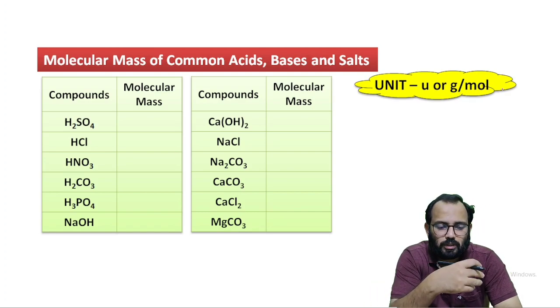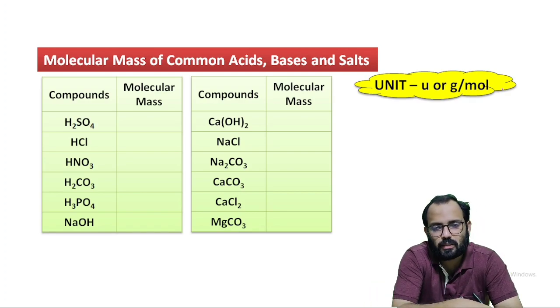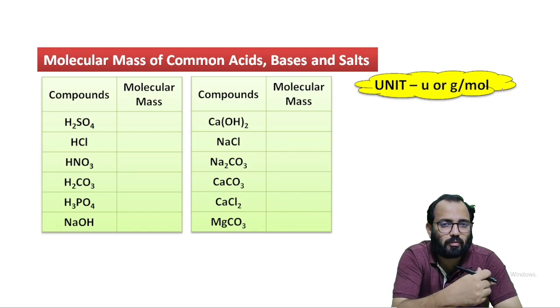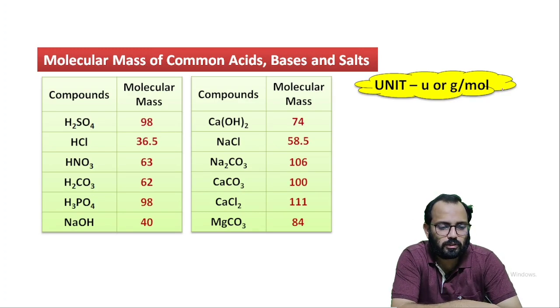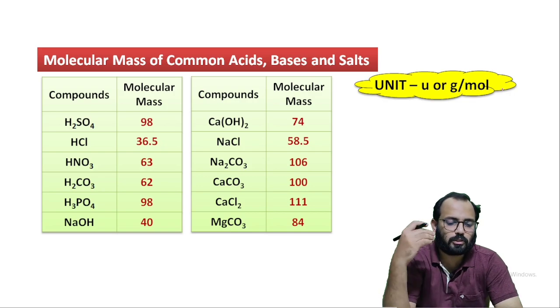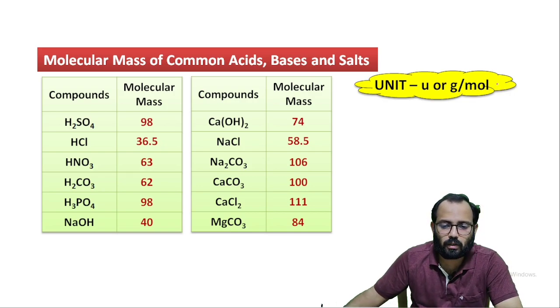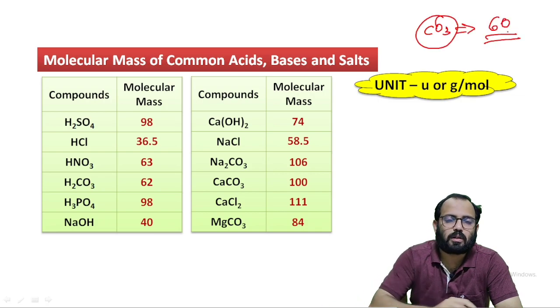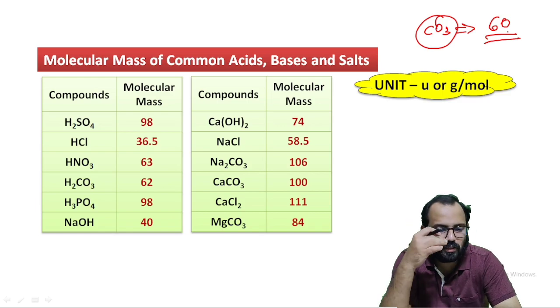Some of the major compounds are listed here, and if you learn the molecular masses of these compounds by heart, your time will be saved. So H2SO4, HCl, magnesium carbonate, calcium carbonate. Just remember the mass of carbonate already. I know that the carbonate mass is 60. Just fix that in mind.